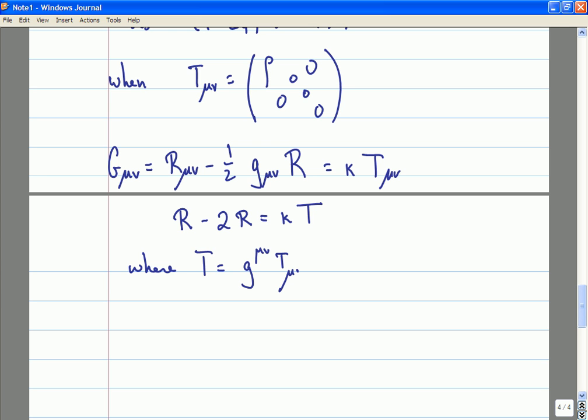Well, that's just minus rho plus terms which are order phi. On the right-hand side of Einstein's equation, we're going to work to order phi to the 0. So that tells us that R is equal to kappa rho plus terms which are higher order in phi, and T00 is equal to rho.